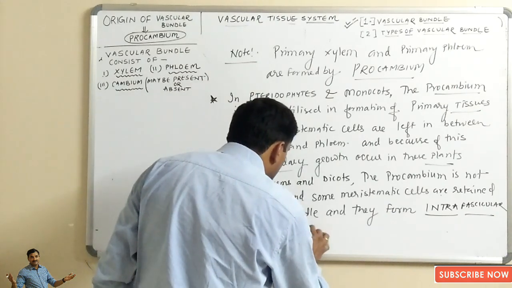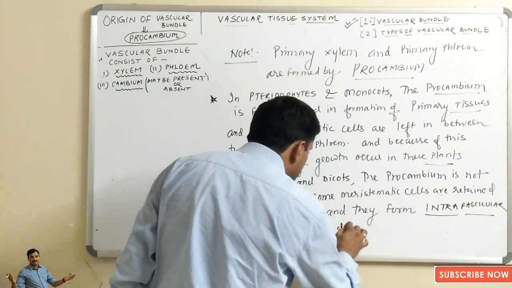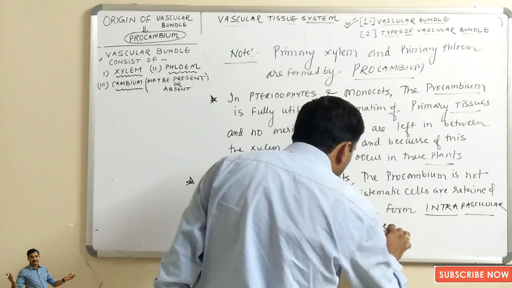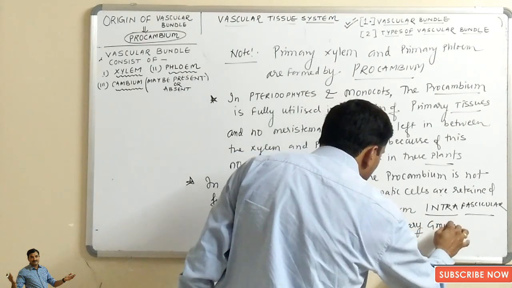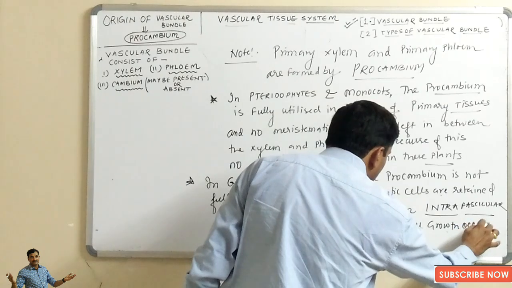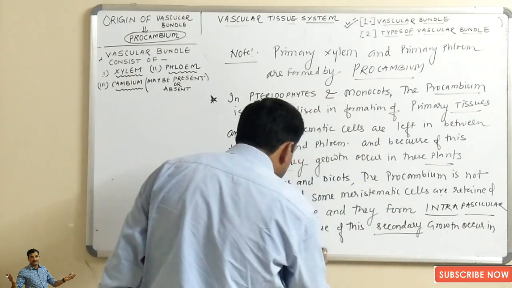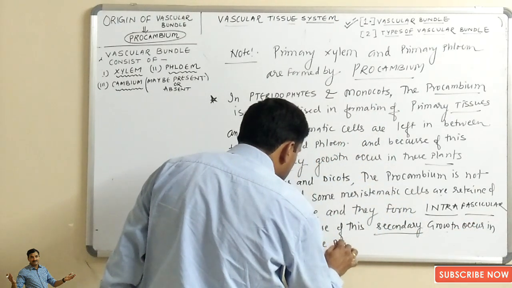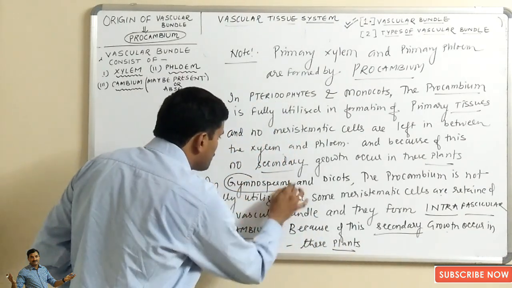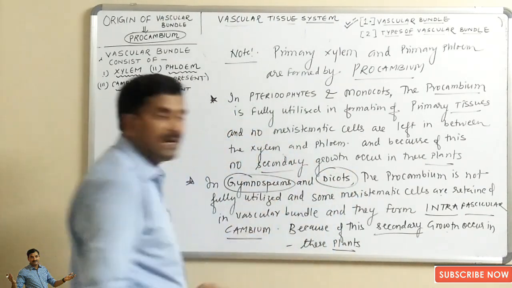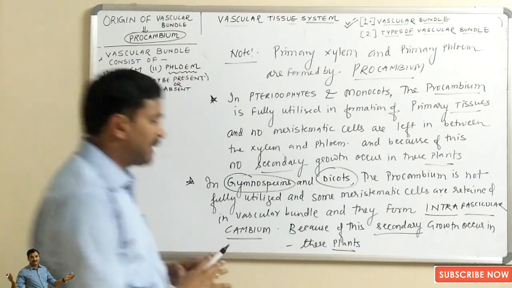Because of this, secondary growth occurs in these plants. Secondary growth is the feature of the gymnosperms and the dicot category of plants.